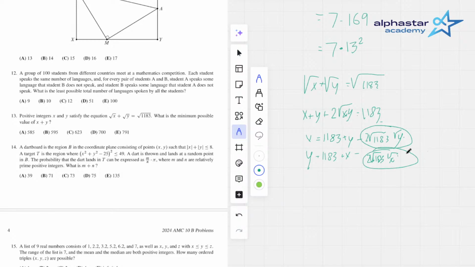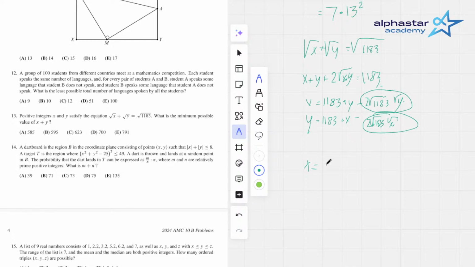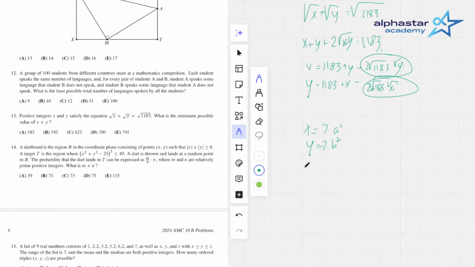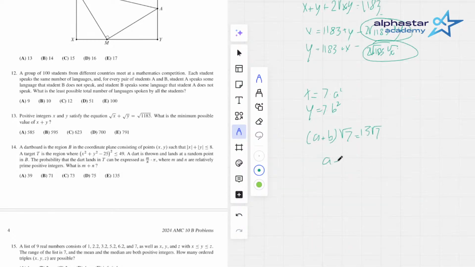So this has to be an integer. So in other words, x equals 7 times something squared, y equals 7 times something else squared, and so we get a plus b root 7 equals 13 root 7. Therefore, a plus b equals 13.